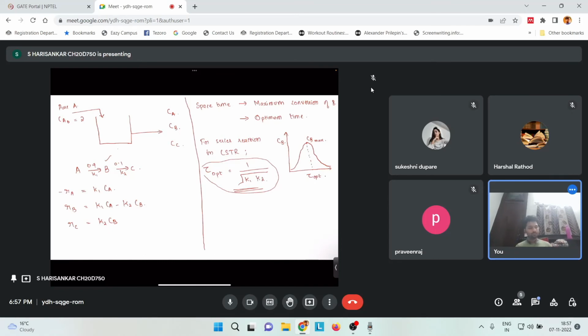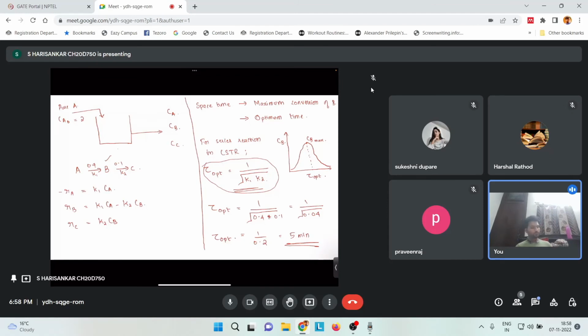So if we substitute K1 and K2 here, we can find tau optimum as 1 by root of 0.4 into 0.1, that is 1 by root of 0.04, or 1 by 0.2, and that will be 5 minutes. So tau optimum, or the space time that we need to proceed with the question, is 5 minutes.